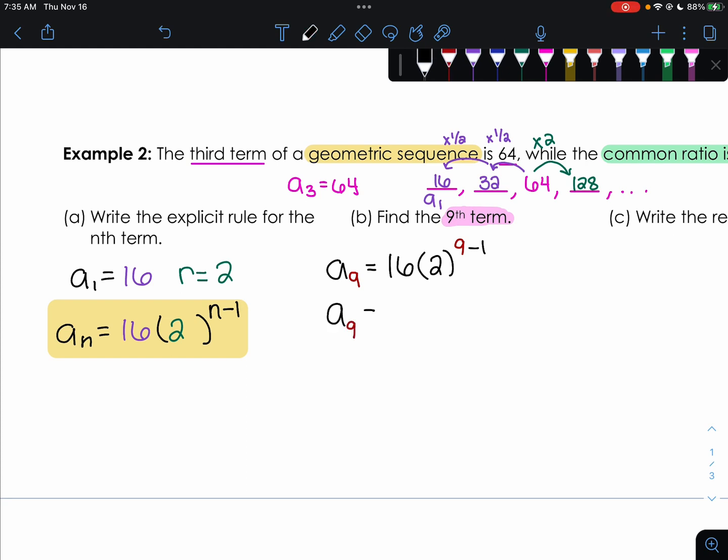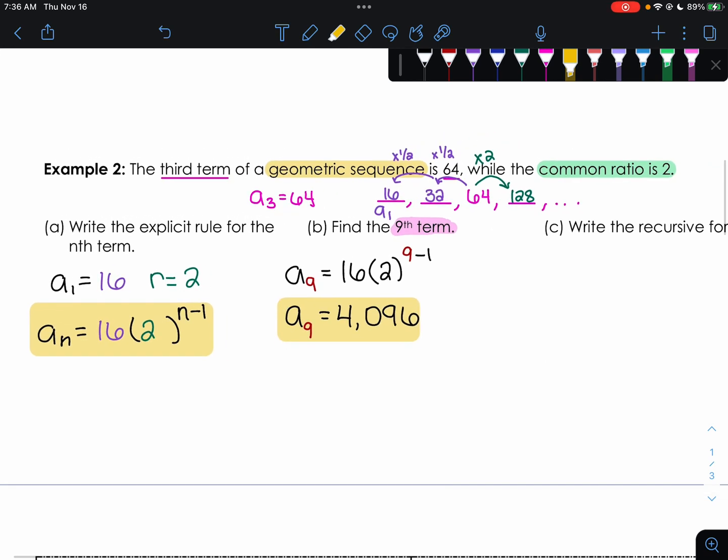So when we type it into the calculator, 16 times 2 to the 9 minus 1, or 8 power, we get 4,096. And that would be the 9th term in the sequence. So if we continued this pattern until we got to the 9th term, we would get 4,096. Right now we only have the first 4 terms.